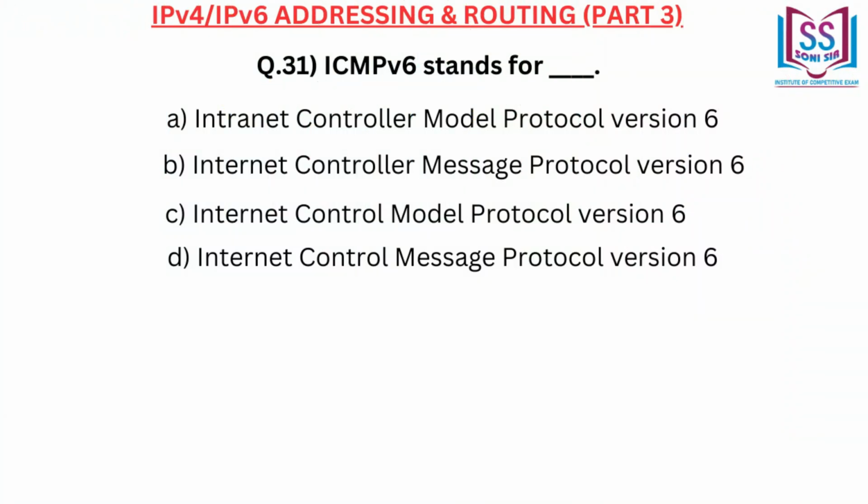A. Intranet Controller Model Protocol version 6. B. Internet Controller Message Protocol version 6. C. Internet Control Model Protocol version 6. D. Internet Control Message Protocol version 6. Correct answer D. Internet Control Message Protocol version 6.